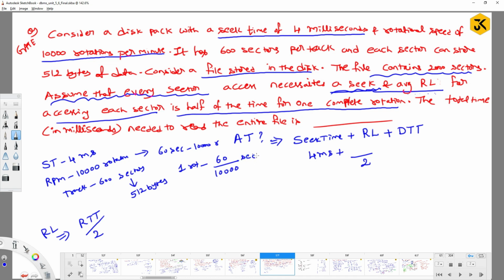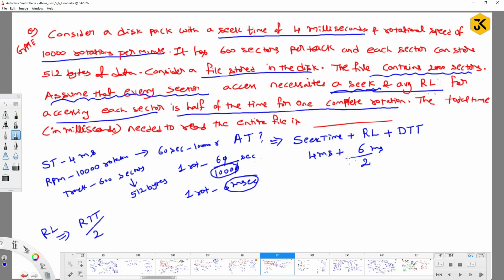Converting to milliseconds, the zeros cancel, so this is 1 by 1000 as milliseconds. So for one RTT it is going to take 6 milliseconds.